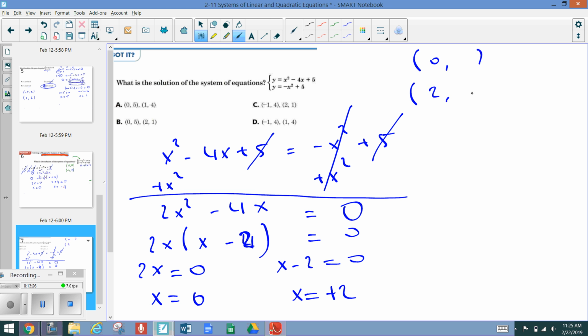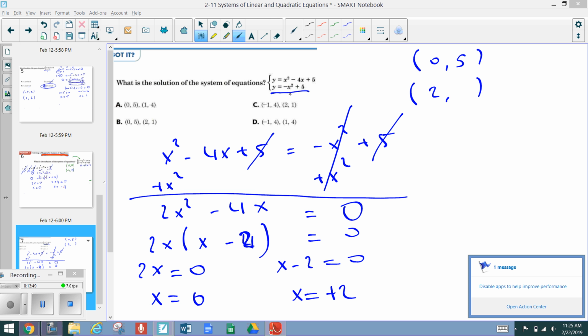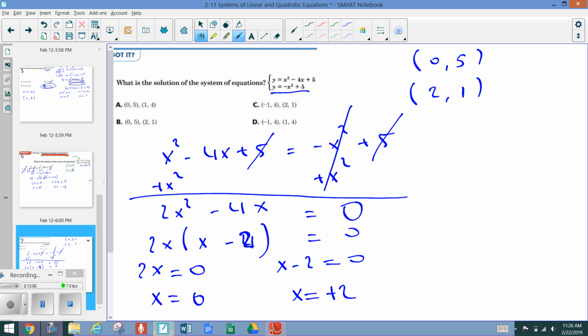It's time to find the y components. Then I'm going to plug those in. For example, the second one: when I plug 0 here, it's going to be 5. And when I plug in 2 here, 2 squared is equal to 4, negative in the front, -4, plus 5 is 1.